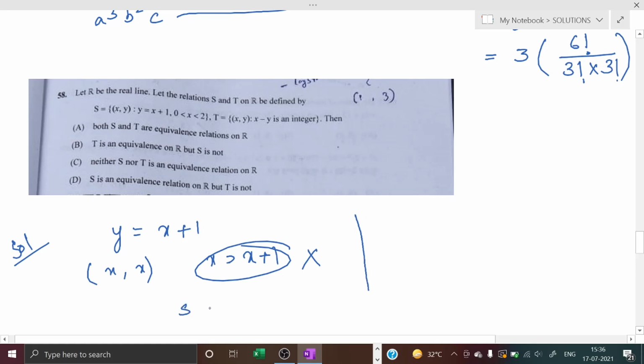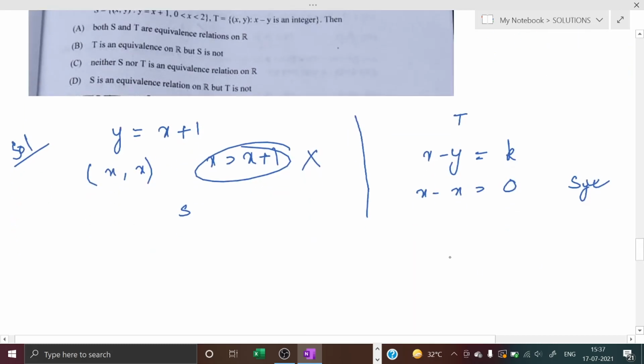So S is not an equivalence relation, right? Then for T you have x minus y is an integer, suppose it is k. So reflexive, x minus x equals 0. Yes, it is reflexive. If x minus y equals k, then y minus x equals minus k. If k is an integer, then minus k is also an integer. So symmetric.